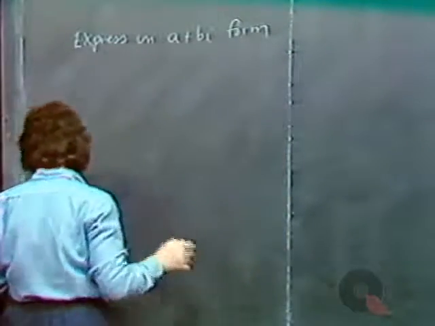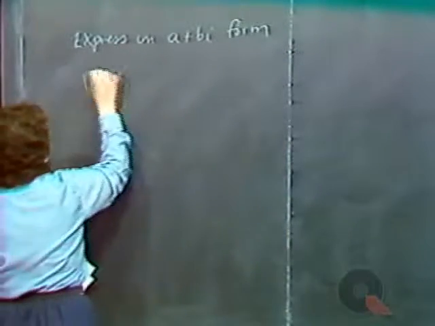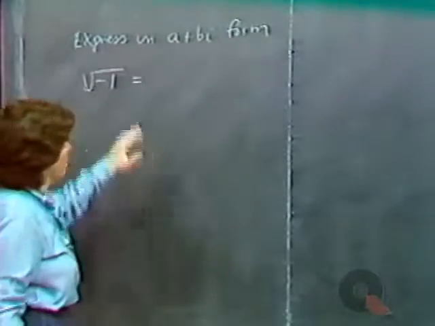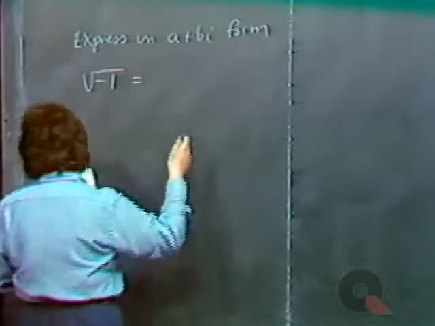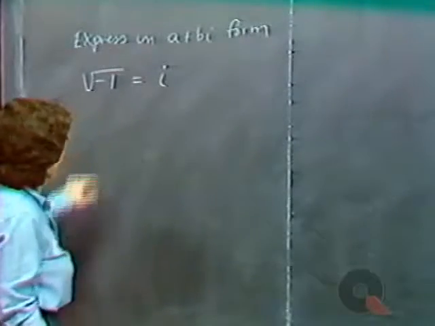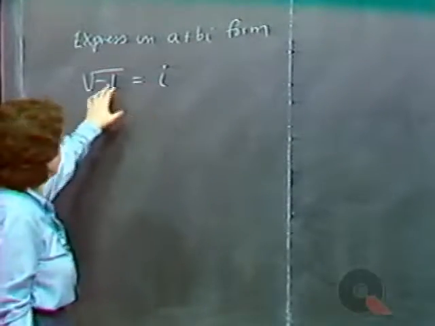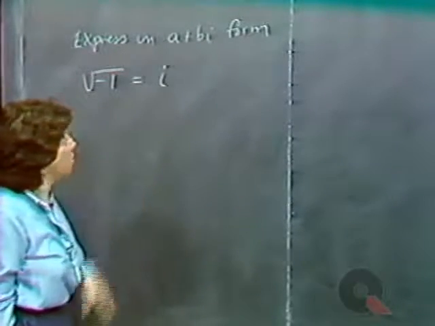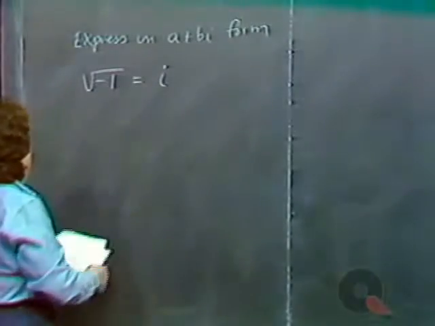Now, refreshing your memory, the square root of minus 1, which does not make sense in the real number system, is defined to be i. There is no real number whose square is minus 1. We have a complex number i.